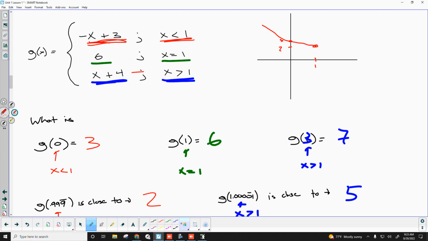We have the point (1, 6). Closed circle there. At 1, we are using the y coordinate 6. And then we will be approaching the point (1, 5), but we'll be going up from there. Who cares what it looks like?